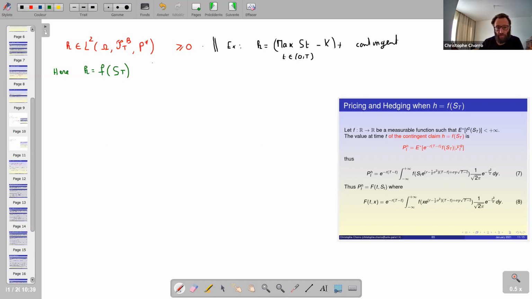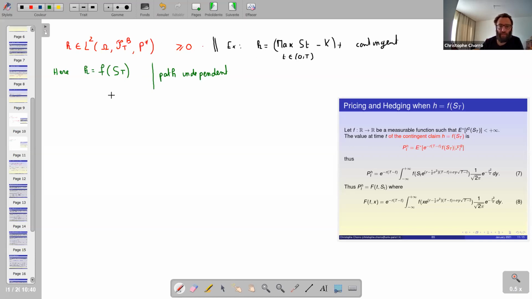We call this kind of product path independent, because it doesn't depend on the whole trajectory of the asset, only on its final value, contrary to what happened here.